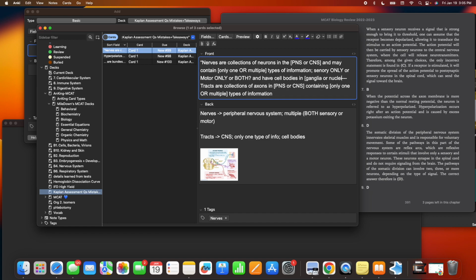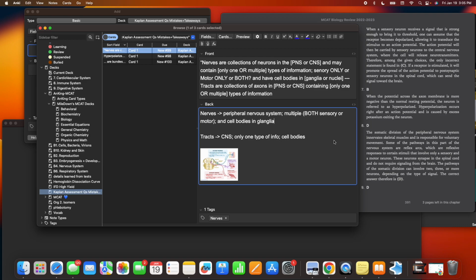Nuclei. And cell bodies in, so for nerves it's in ganglia, so it's in nuclei.